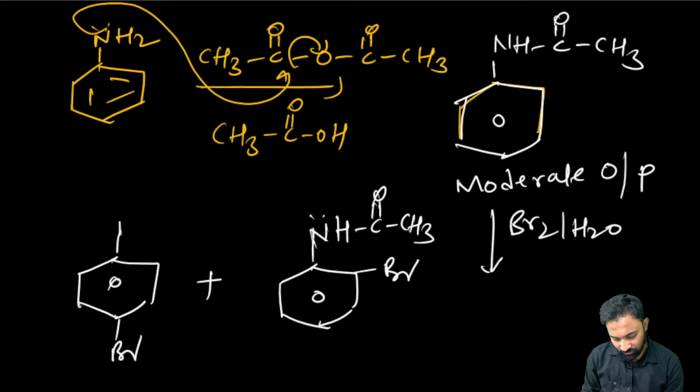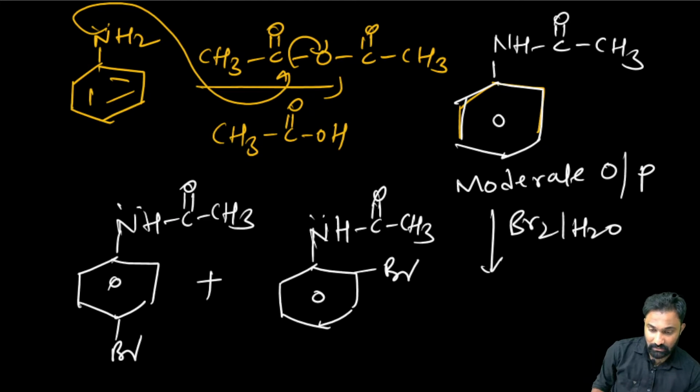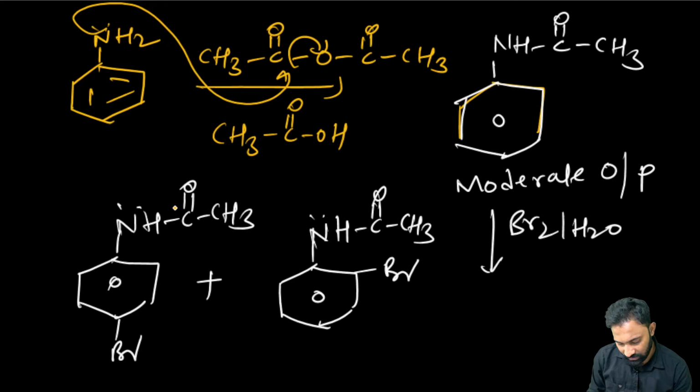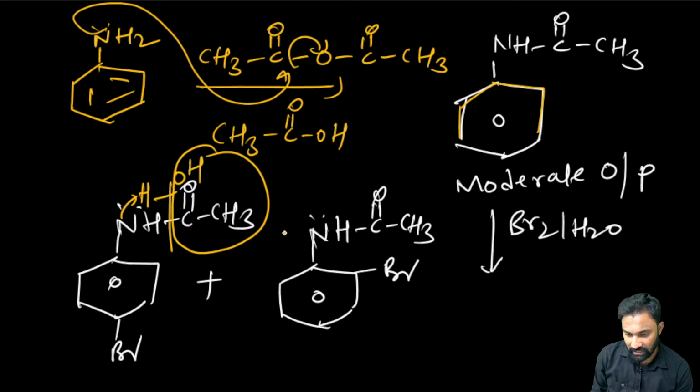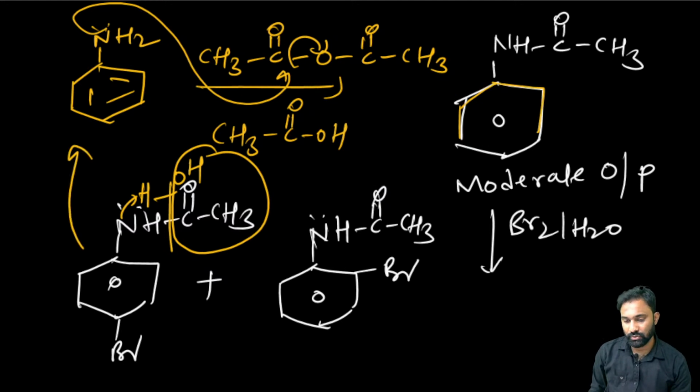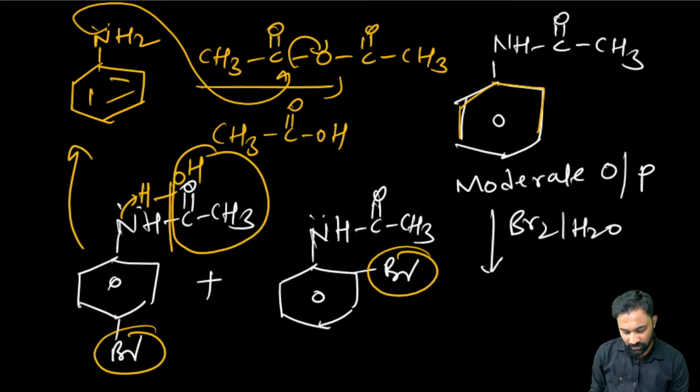Then, if you do the hydrolysis, the more electronegative atom will attract the hydrogen and the less electronegative will attract the OH, and again acetic acid will be eliminated. Again the aniline will be restored, and mono-substituted products will be obtained.